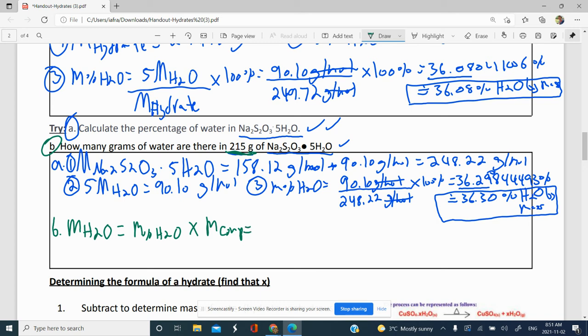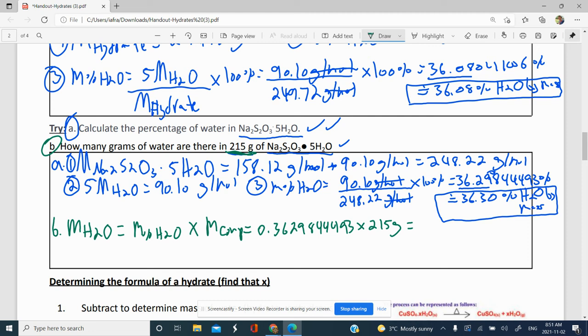I use my unrounded value. So I'm going to get the 0.362984443. That's the 36% in its fraction, decimal form, times the 215 grams.